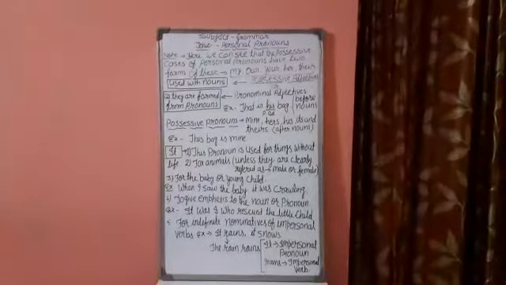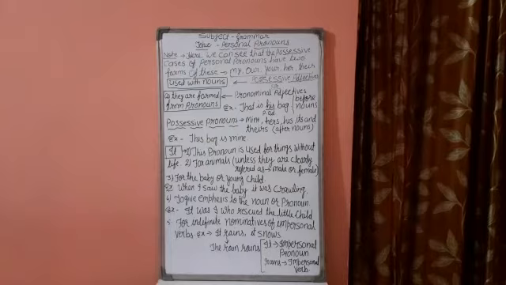Students, we have studied the personal pronoun. Personal pronouns were first person, second person and third person. For that, we did the first person singular and plural, second person singular and plural, and third person singular and plural, neuter, and all the genders.